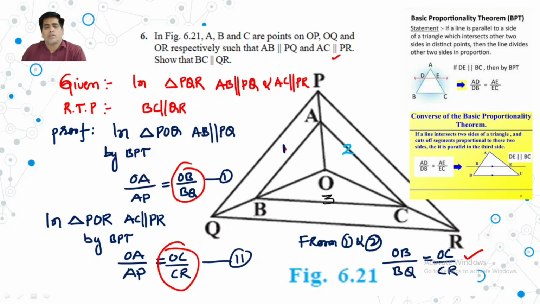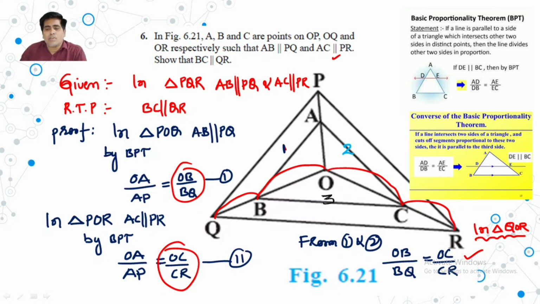Now, if you keenly observe the third triangle, what is the third triangle? QOR triangle. In triangle QOR, OB by BQ is equal to OC by CR. So these ratios are equal.